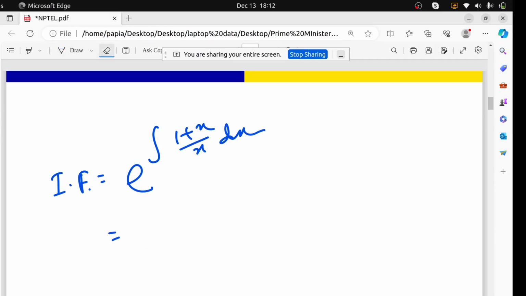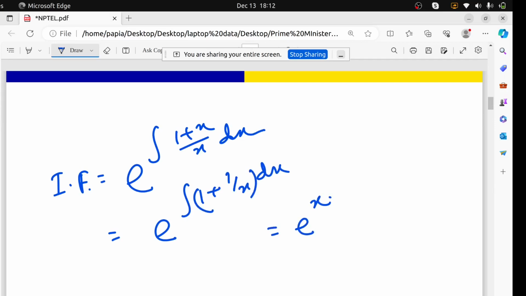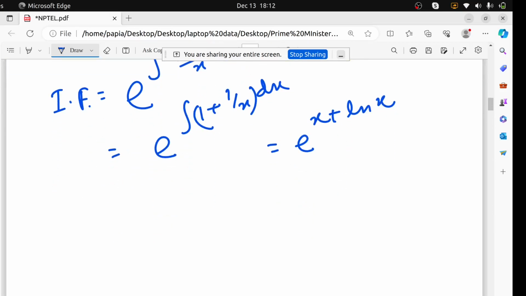Now what will be the answer? You can see here that it is integration of (1 plus 1/x) dx. So e to the power x plus ln x. Now I can write it like e to the power x times e to the power ln x.